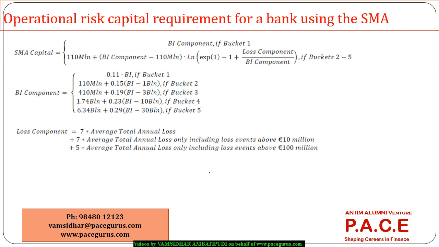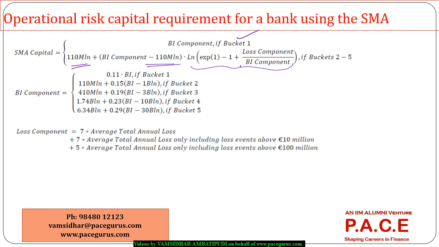So overall SMA capital computation comes like this: you take only the BI component, no loss component, if the bank is falling in bucket 1, and otherwise you take 110 million plus the BI component minus 110 million multiplied. So this excess we are multiplying with the internal loss multiplier.